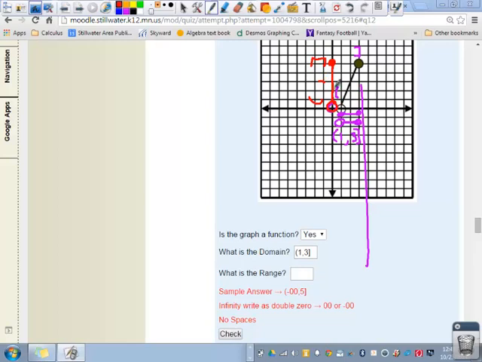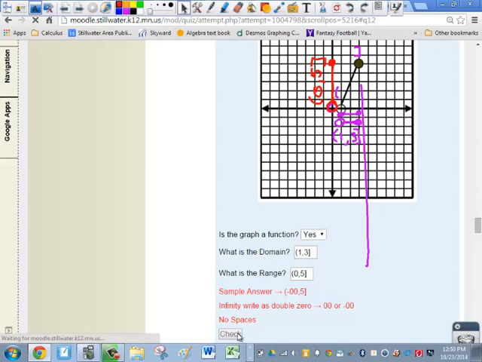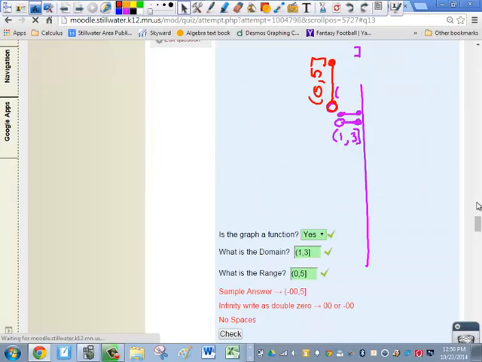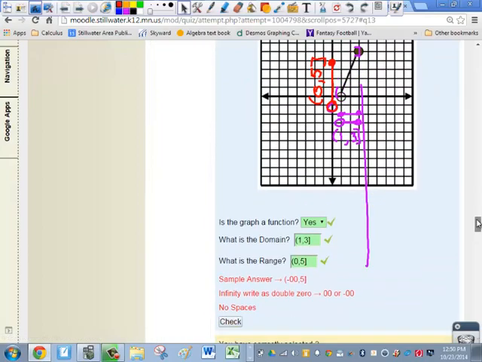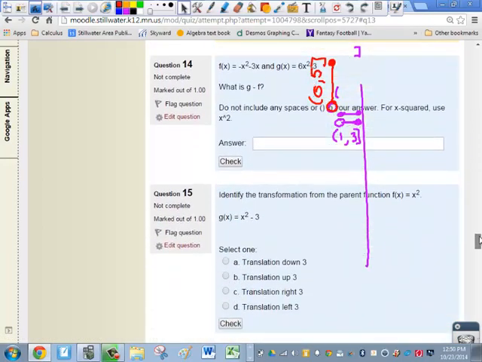This is a height of 1, 2, 3, 4, 5, and then 0 to 5. So it should be something like that. 0, 5 bracket. And let's check that out. See how we did on that. Suspense. That one took a while, but it looks good. There you go on that one.